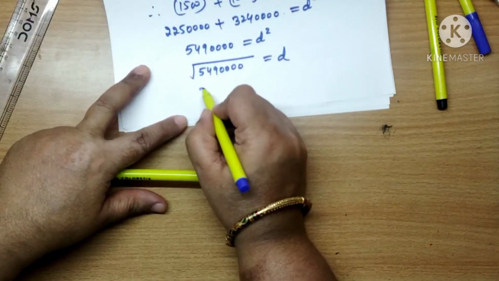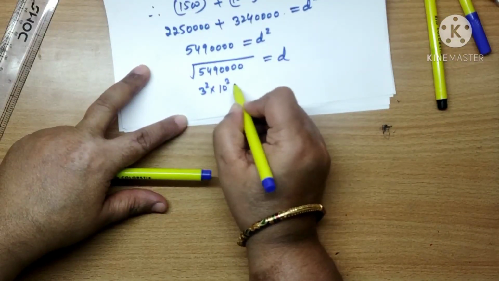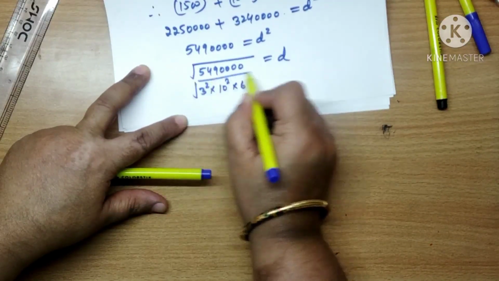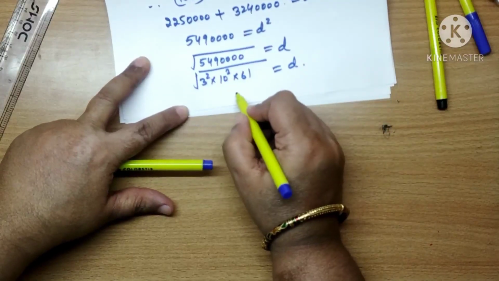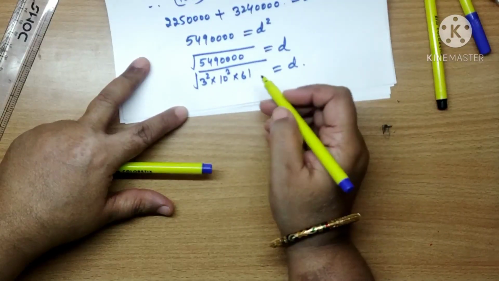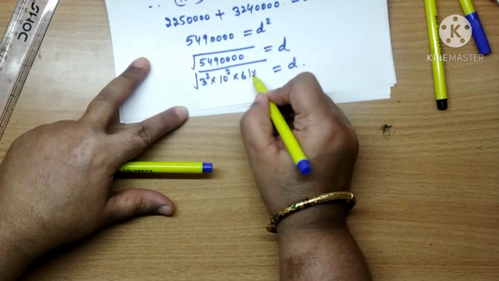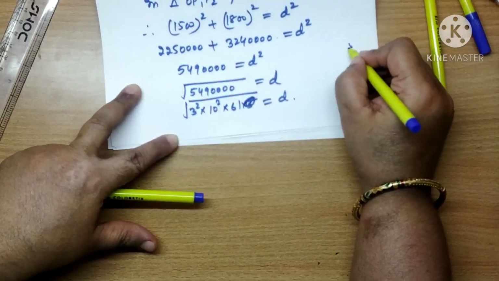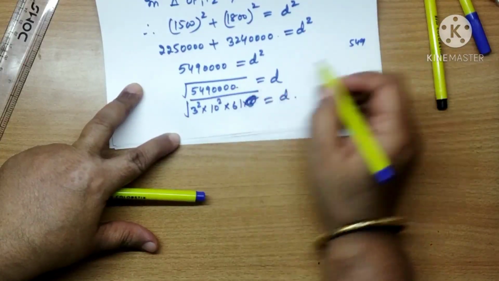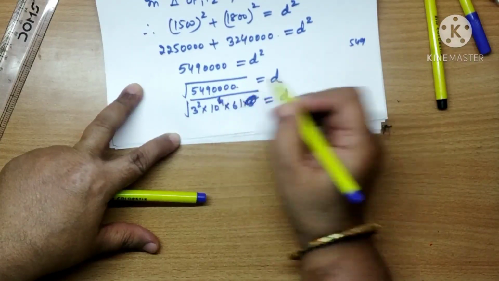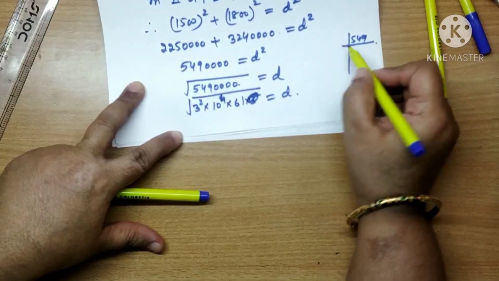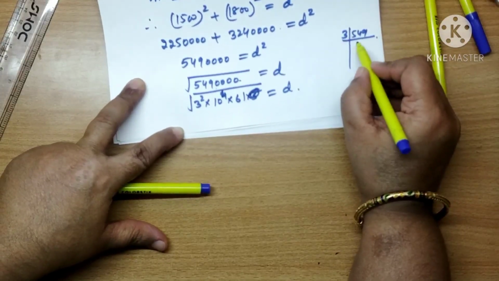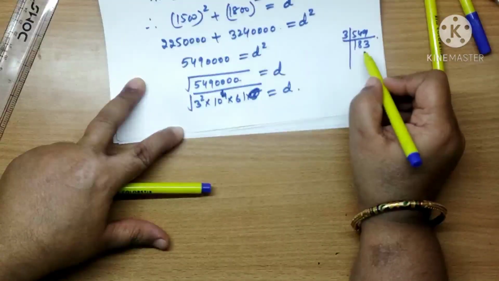So this is 3 square into 10 square into 61 if you do the prime factorization. See, 549, it will go by 3, 183.